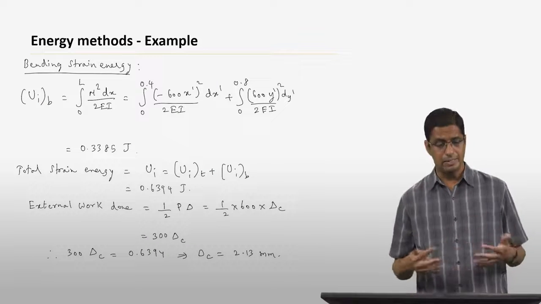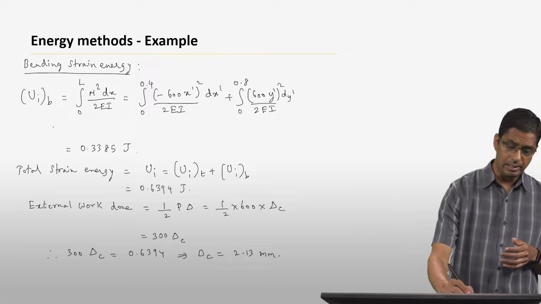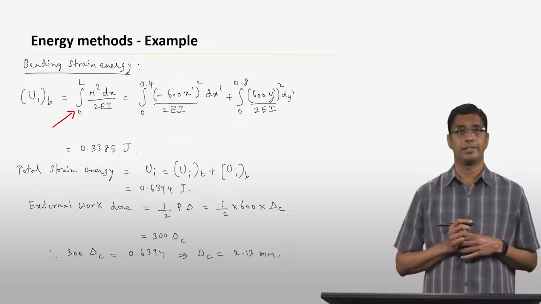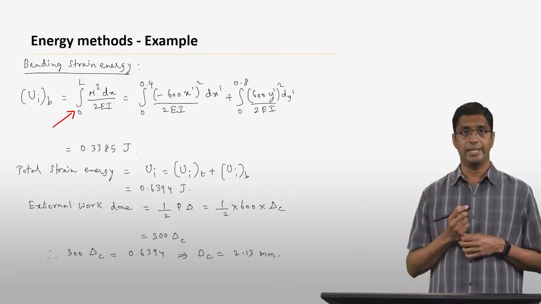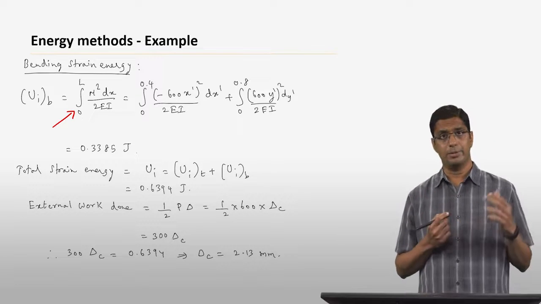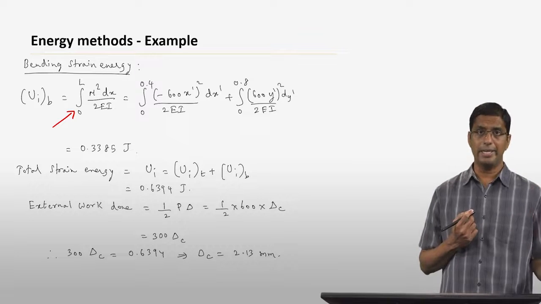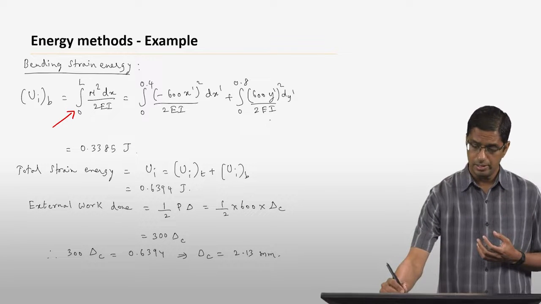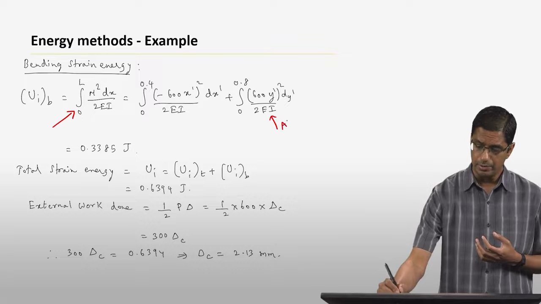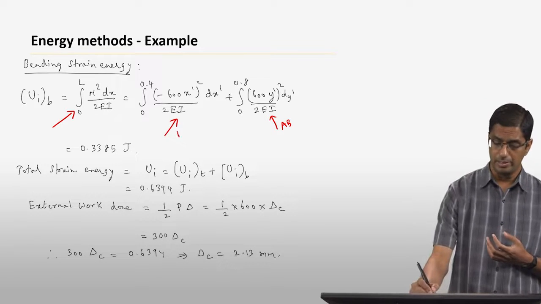Now let's do the same thing for the strain energy for bending. The general expression for strain energy due to bending is the integral of M squared dx over 2EI from 0 to L. In this case though, you are going to have a bending strain energy both in AB and BC. So this term here corresponds to the segment AB, and that term there corresponds to segment BC.